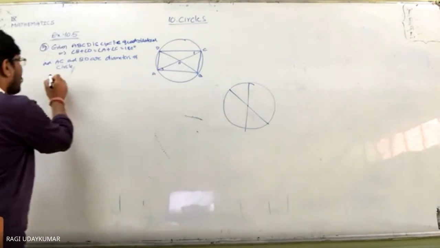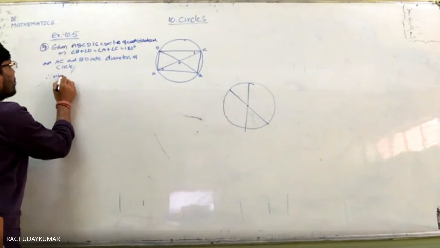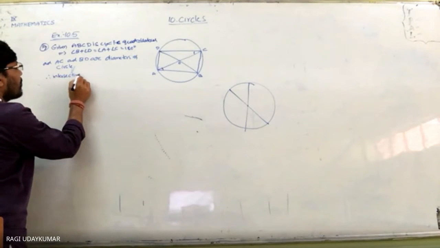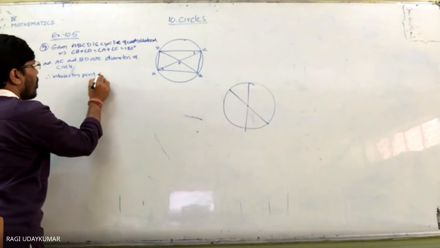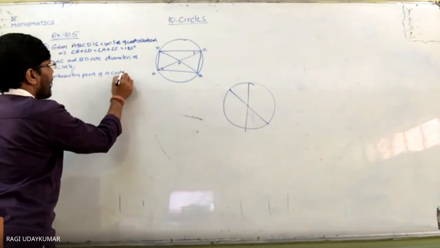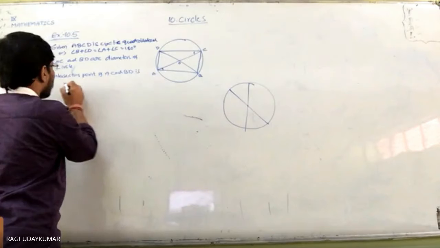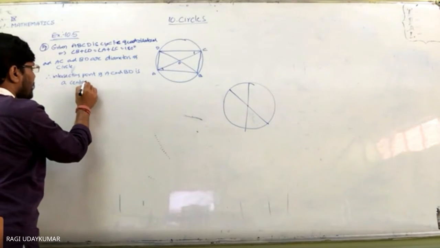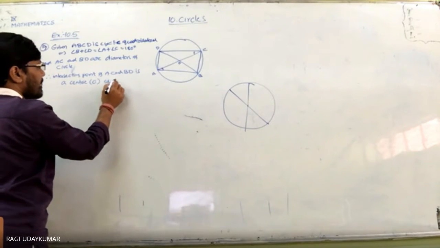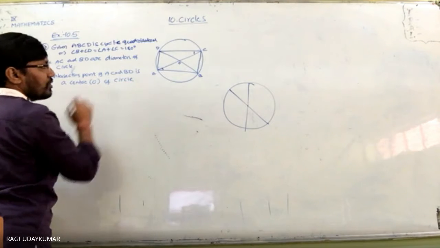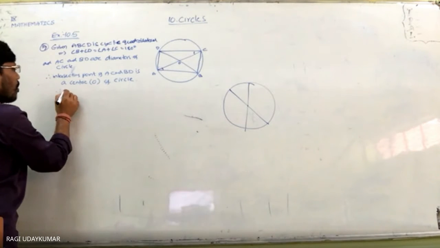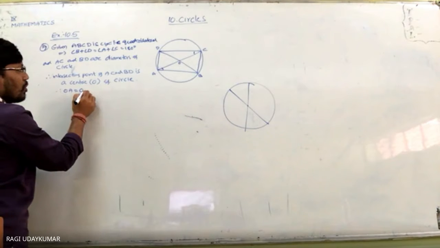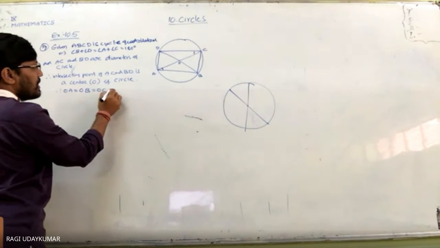So therefore, the intersecting point of AC and BD is the center O of the circle. Therefore, OA is equals to OB is equals to OC is equals to OD.